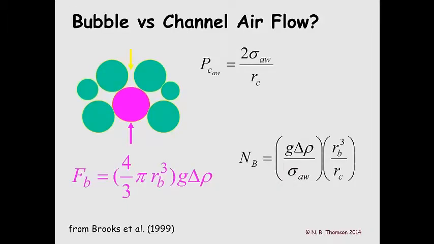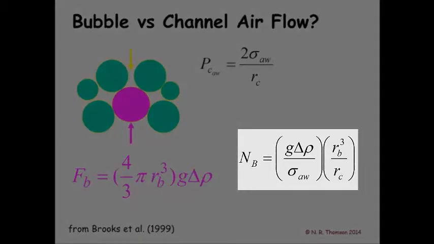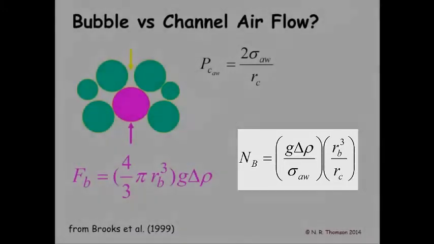From a purely theoretical perspective, if we had an air bubble, as shown here in purple, surrounded by some sand grains, and we wrote down the expression for the buoyancy force, that would have to be balanced by the capillary pressure force. The ratio of the buoyancy force over the capillary pressure force is known as the Bond number, over here on the right.